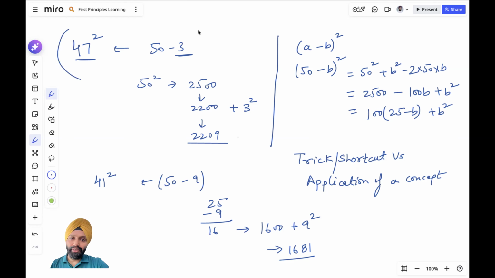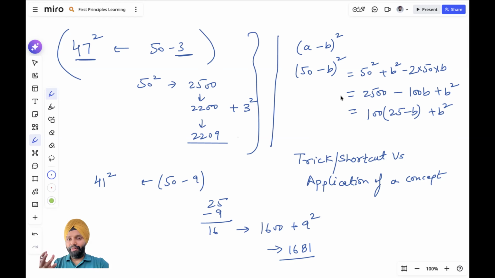If you are using a technique or trick without understanding where it is coming from, then you're just using a trick. But if you understand where this is coming from, then you know the basic formula, the basic concept, just (a minus b) squared. That is the concept from which that particular shortcut is arrived at, and perhaps other shortcuts can also be derived from the same formula.